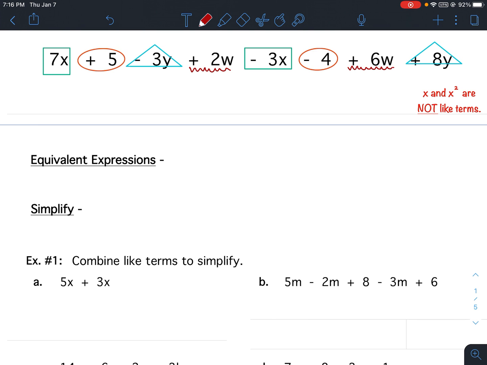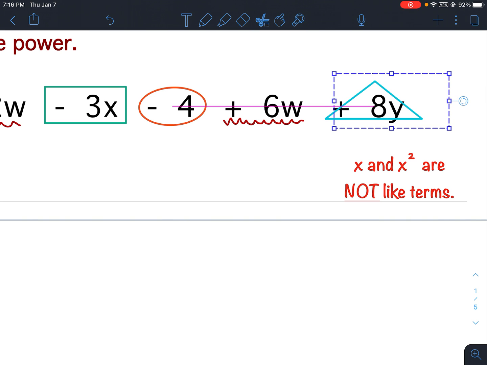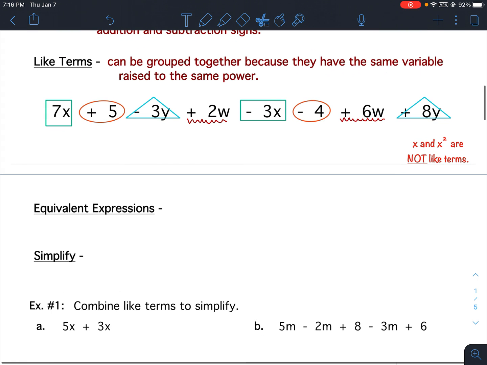What I did there was I grouped together what would be like terms. In other words, I can combine the 7x and the -3x. I can combine the 5 and the -4. I can combine the -3y and the +8y, and so forth.